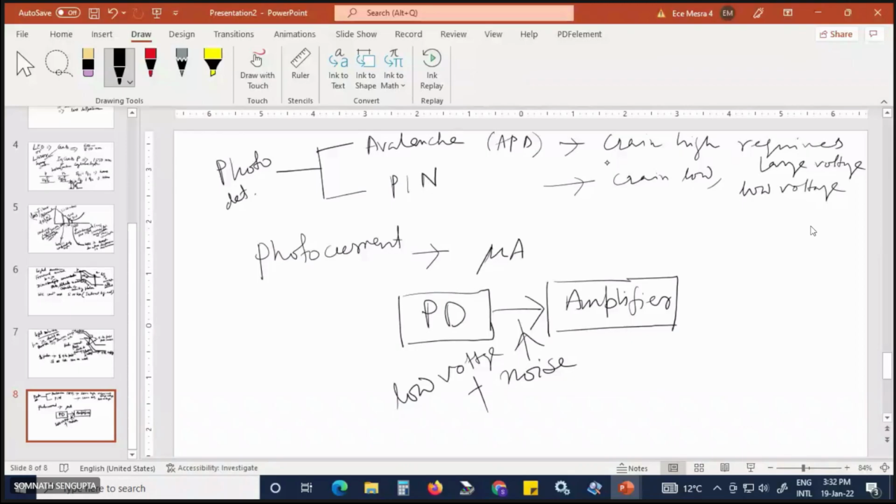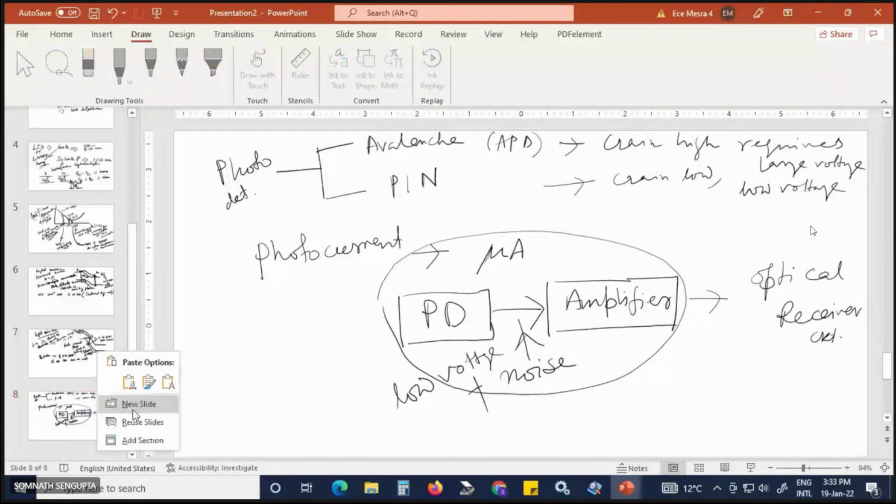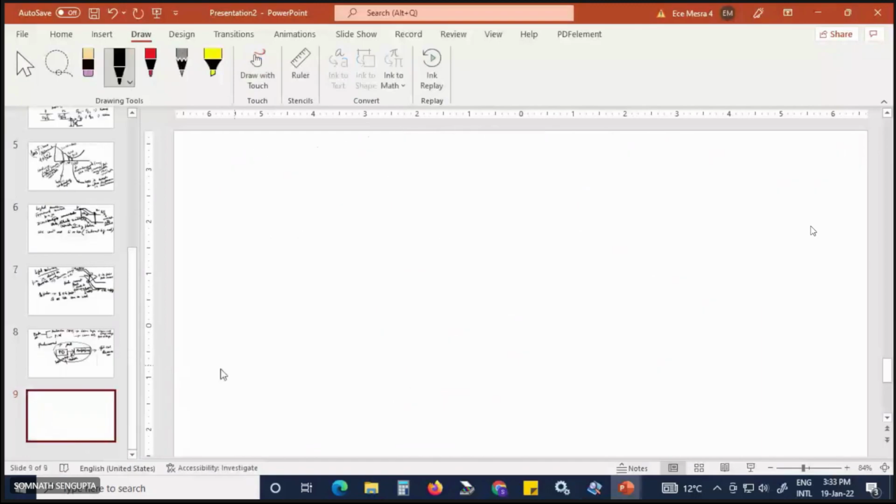So this is called the whole optical receiver circuit. Understood? Yes, sir. Okay.